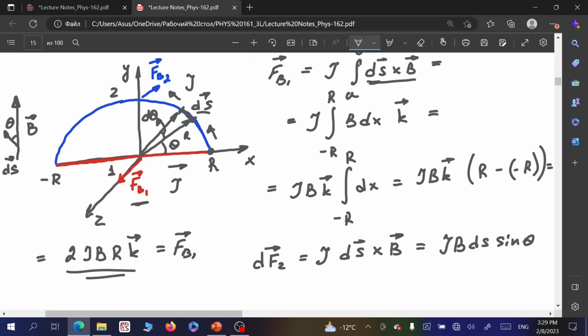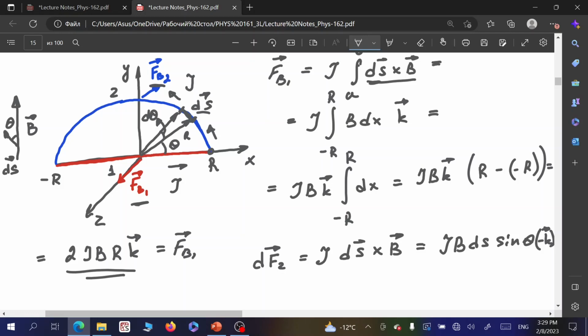And we also need to define the orientation. With that, it will be minus k unit vector. So we figured out that FB2 is oriented in the opposite direction to axis z, means its orientation will be defined by minus k unit vector.